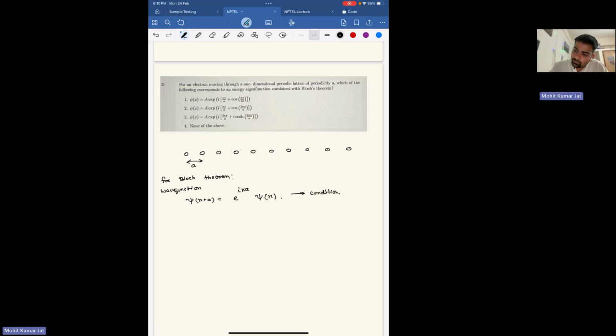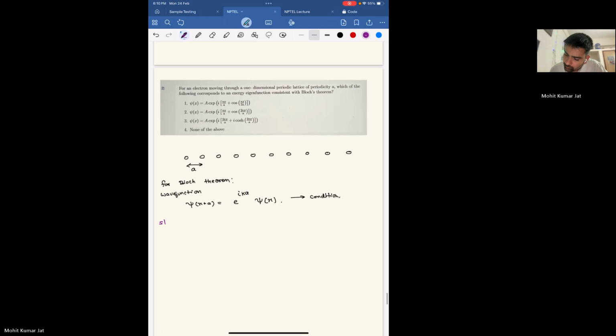Start from the first. Psi of x is given as A, that's the normalization factor, times the exponential of i pi x by a plus cosine of pi x by 2a.